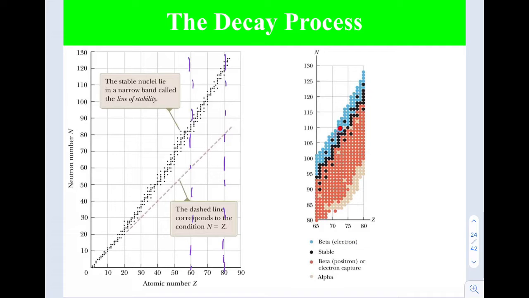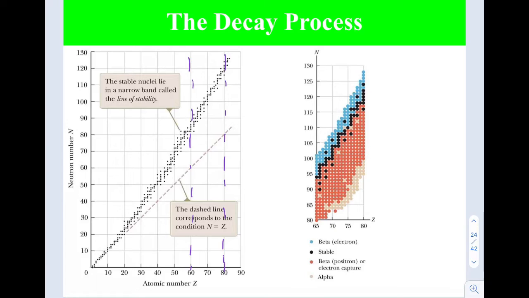If we see here, the blue color nuclei tend to decay or release beta, or electron. The black color nuclei here are the stable nuclei, right?